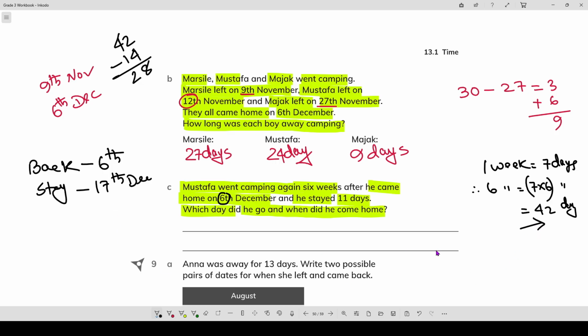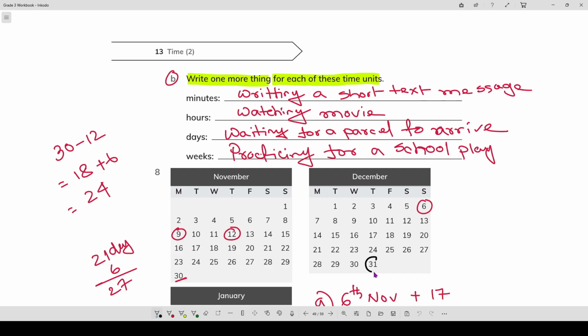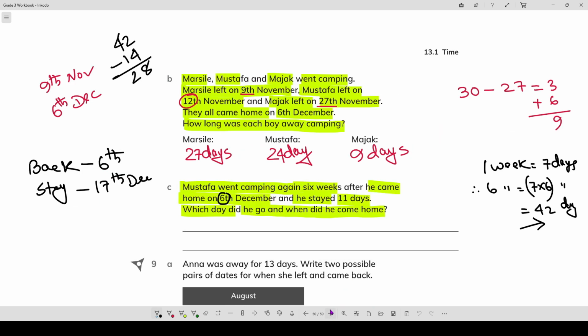December has 31 days, so 31 minus 17 is 14 days, and 42 minus 14 is 28. So he will be back 28 January.